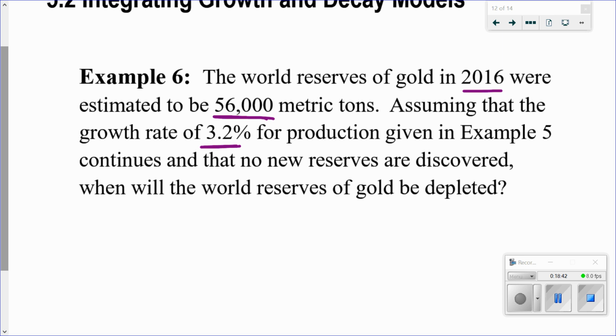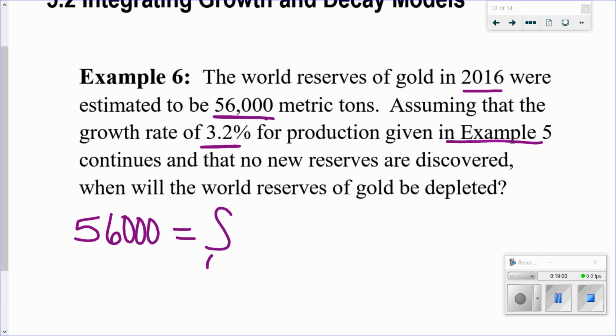And what we want to know, so they're saying use the same information from example 5, that last example. And what we want to know is how long will it take until this is depleted? So we have 56,000 equals the antiderivative from 0 to t of 3,100, that's still our usage, e^(0.032t) dt.